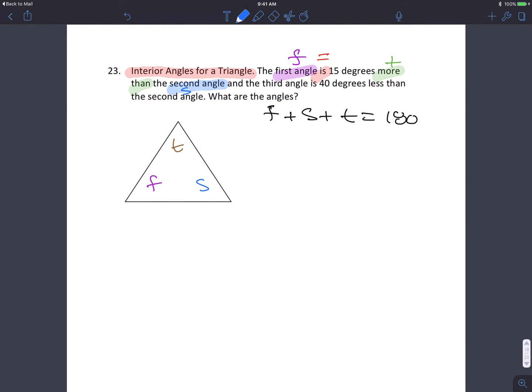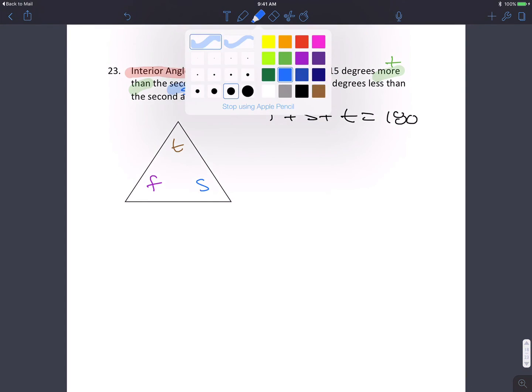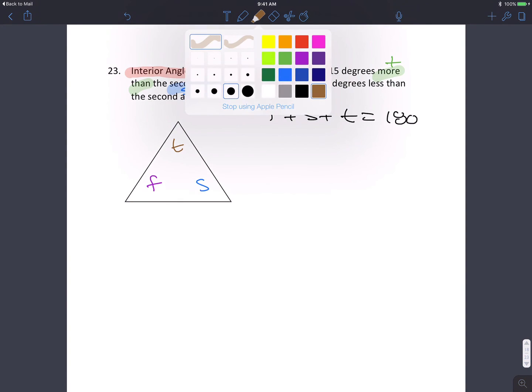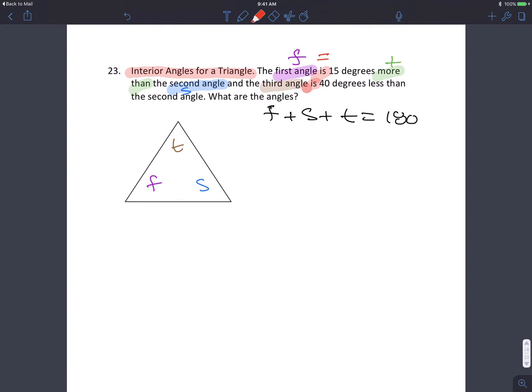Let's read the next phrase. The third angle is 40 degrees now less than the second angle, and that's in blue. So we got third.